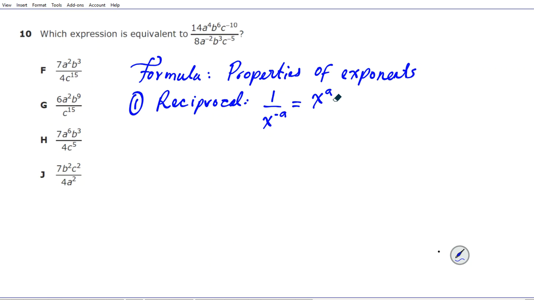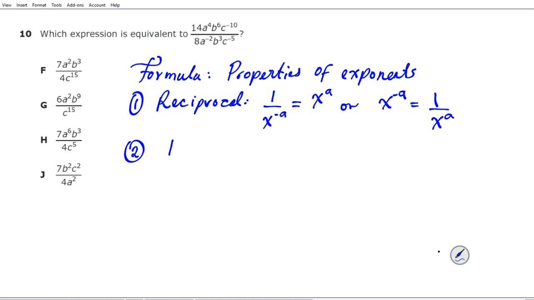Upon reciprocation, the sign changes. So 1 over x to the negative a, if you reciprocate it, becomes x to the a, and a becomes positive. Or if you have x to the negative a, this numerator term becomes a denominator term, and the sign of the exponent changes also.